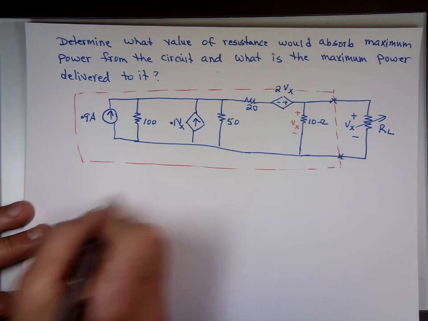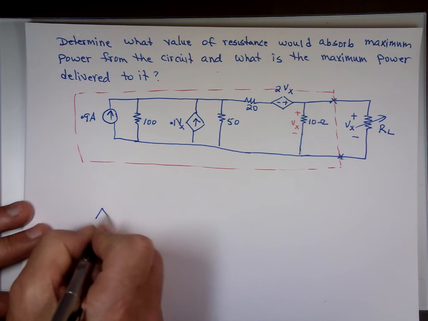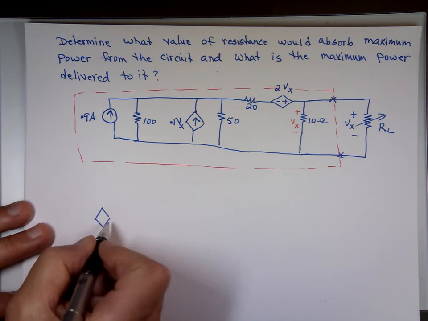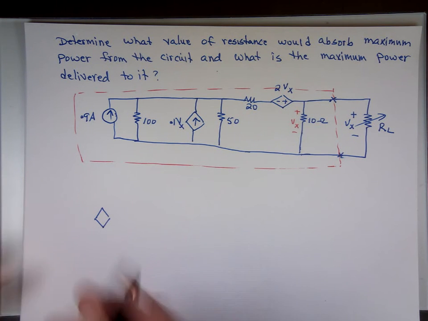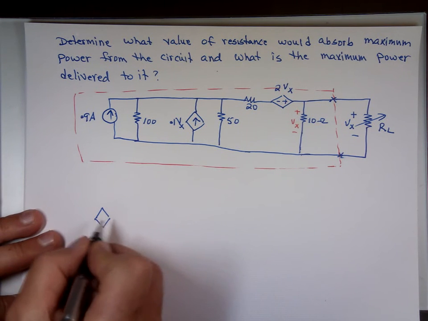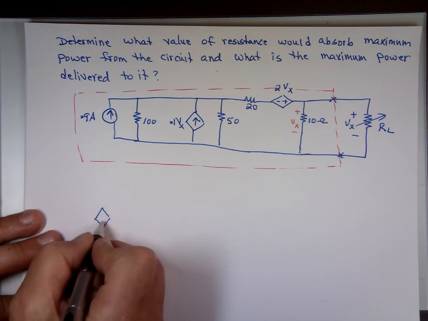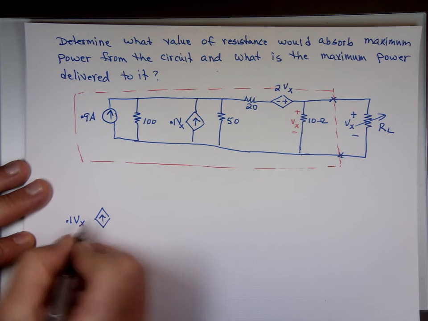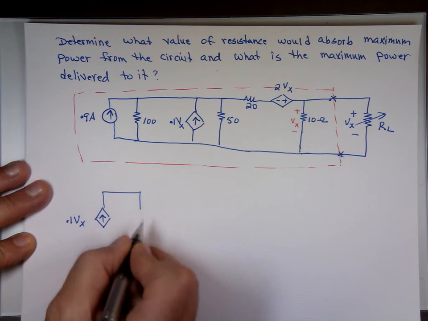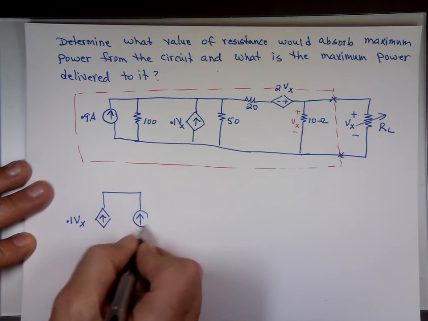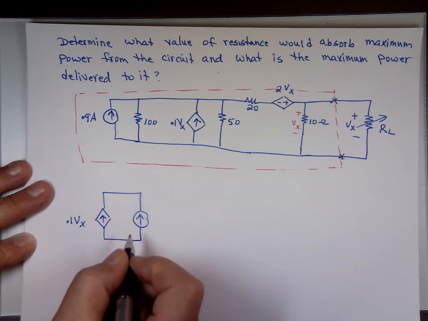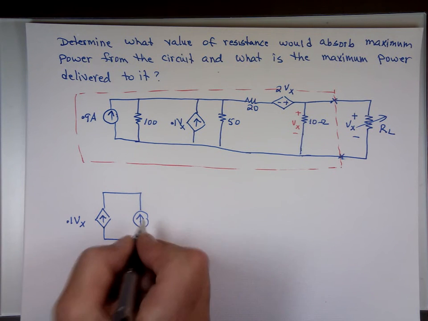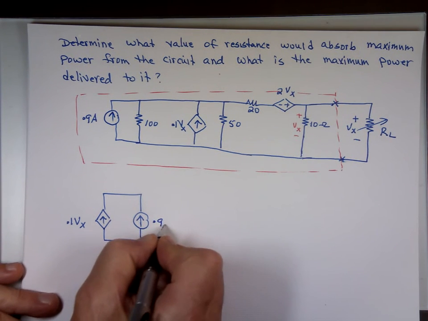So it doesn't matter which one you draw first. I drew that one first, I'm not sure why. 0.1 Vx. This will be what? 0.9 amp, no change to it.